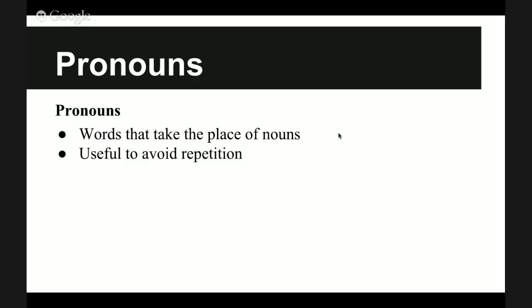So it helps us to avoid repetition. Sometimes repetition can make speech or writing sound very clunky or confusing or needlessly repetitive. And so pronouns help us write and speak in clearer, crisper sentences by allowing us to substitute for earlier nouns.